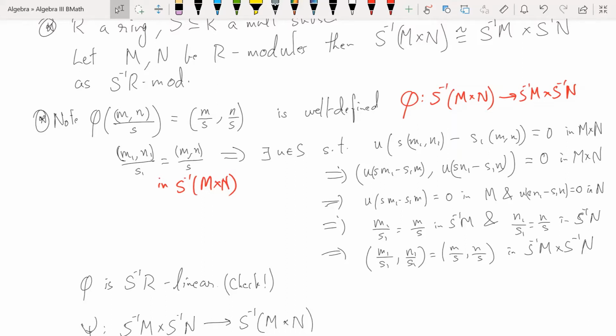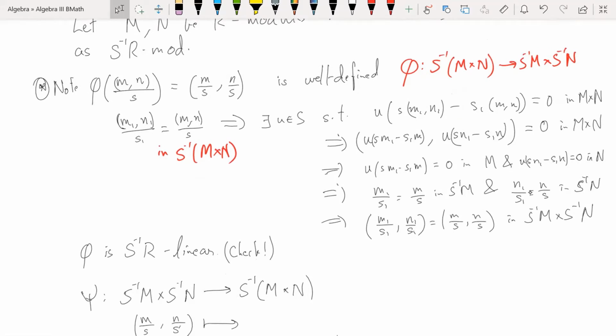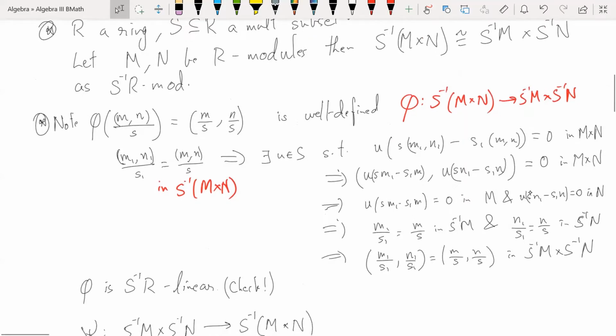I'll not do this whole check. Let me check scalar multiplication; addition should be similar. So let's take something in S inverse M cross N, m comma n over s, and r over s.